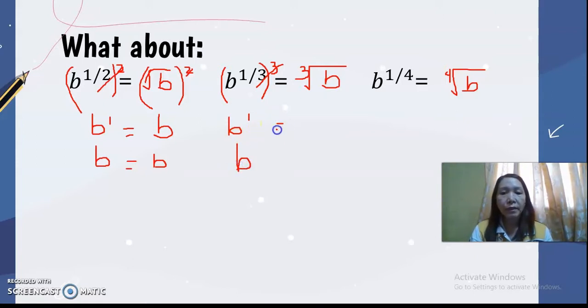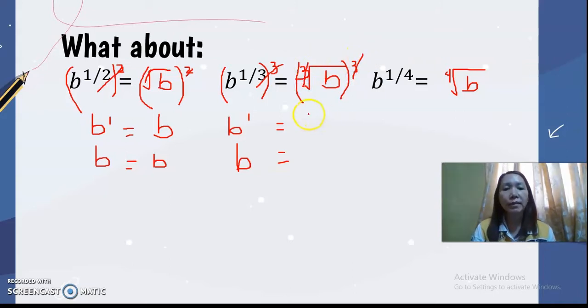On the right side of the equation, since we raised the exponent 3 on the left side, we also do it on the right side to make the equation balance. Again, we're going to cancel this out, and what is left is b. And now b is equal to b.